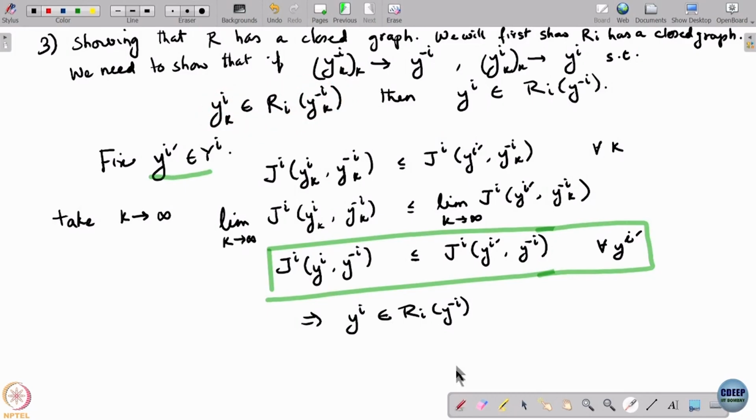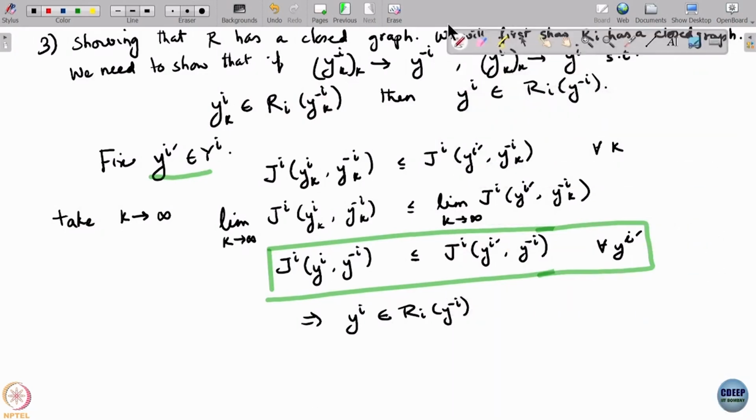Which means therefore that the graph of Ri is closed.